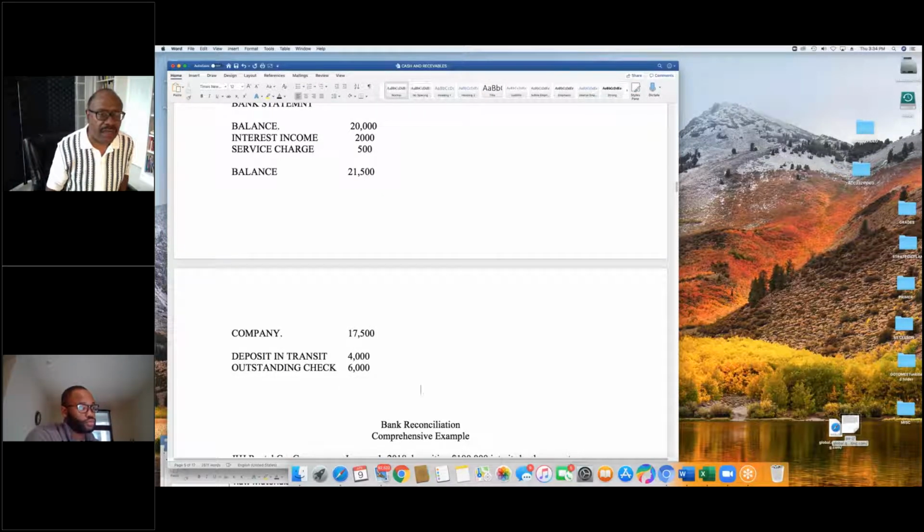And so the company balance, based on its deposit in transit and its outstanding checks.